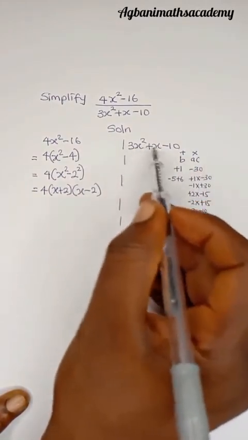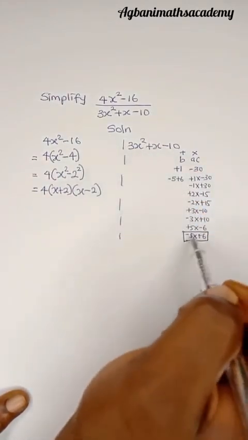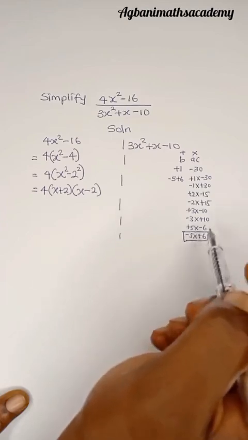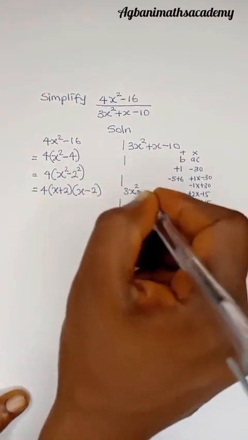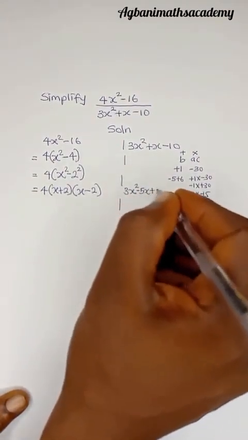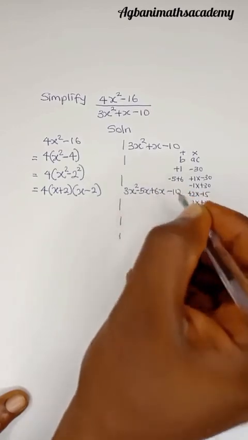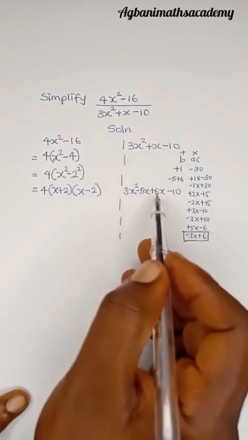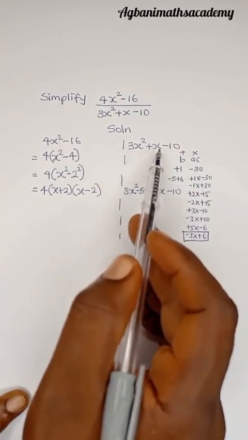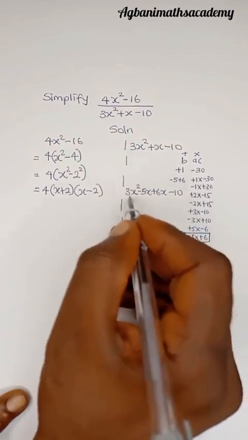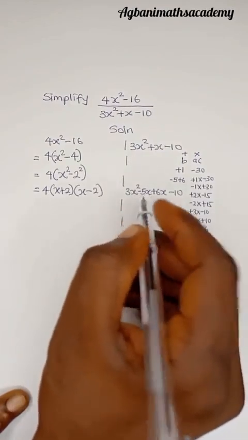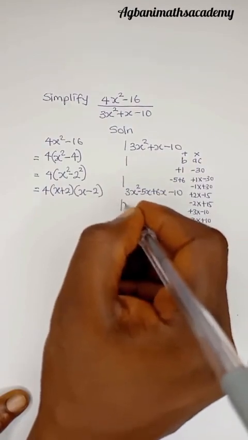So we are going to expand this value to incorporate these two values. So we have 3x squared minus 5x plus 6x minus 10. Minus 5x plus 6x gives us plus x. When we factorize this, what is common between 3x squared and minus 5x? What is common is x.